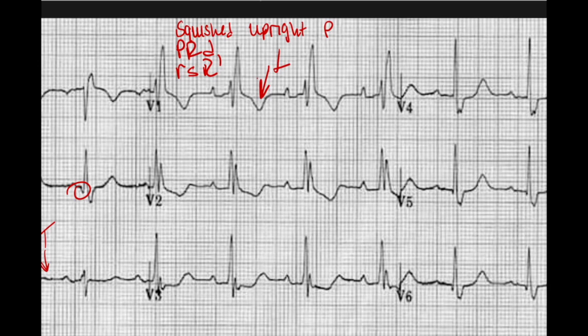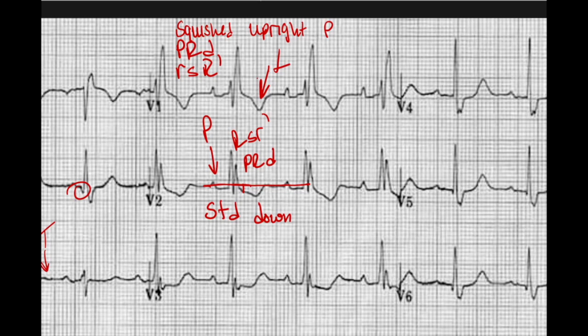Moving on to V2, we have this upright P wave. Again, we have this RSR prime complex. This time we have both PR depression as well as ST depression, and it seems to be downsloping.